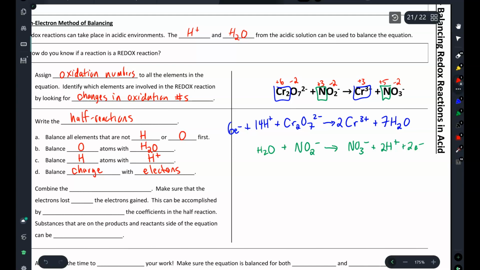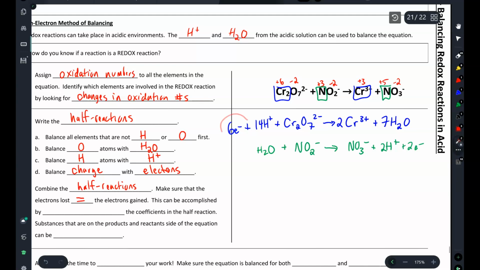Now that we've got our 2 half reactions, we want to combine them together. Just like some of the other redox reactions we've looked at, we want to make sure before we combine that the electrons lost in the oxidation reaction equal the electrons gained in the reduction reaction.